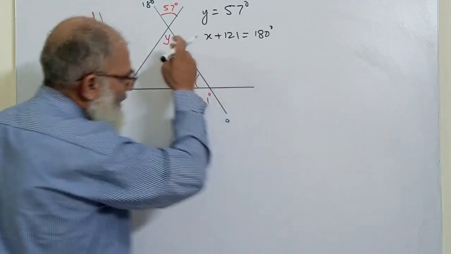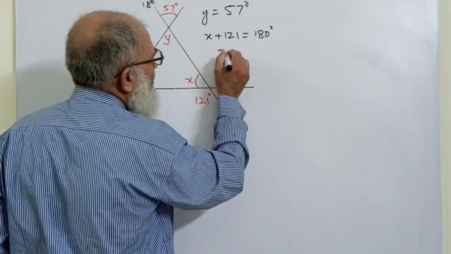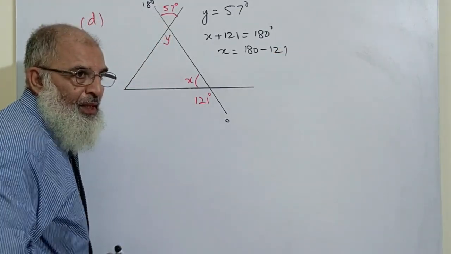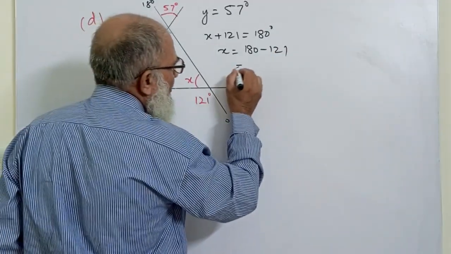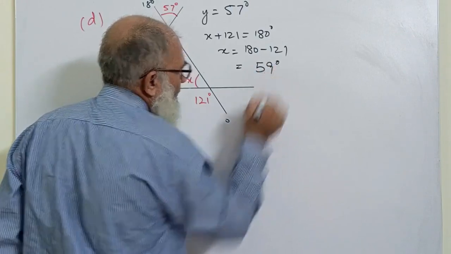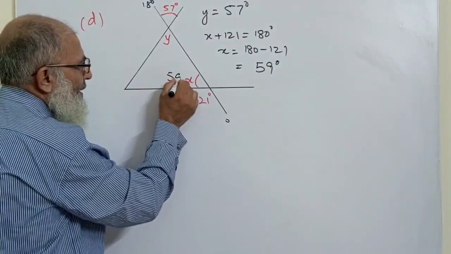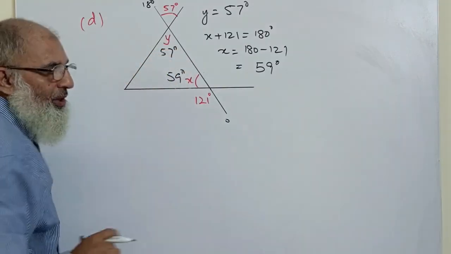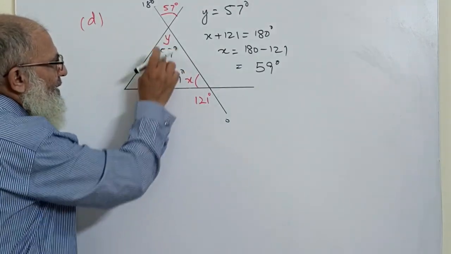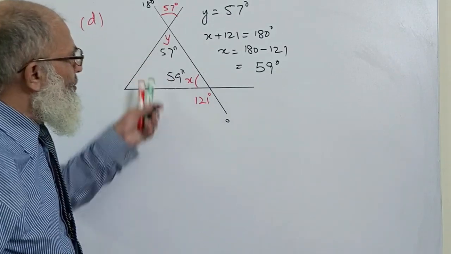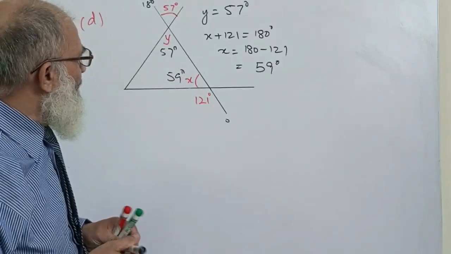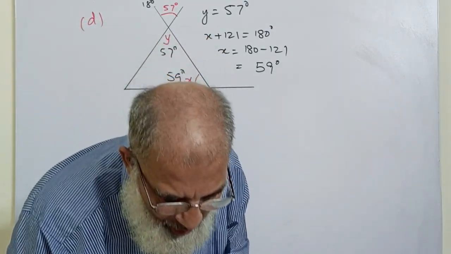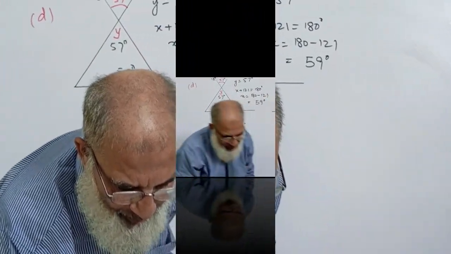So these are supplementary, so x is equal to 180 minus 121, which is 59 degrees. x is equal to 59 degrees, y is equal to 57 degrees. And if this angle was asked of me, I could just add and find this angle also. But since it is not asked, I am not telling it to you anymore.